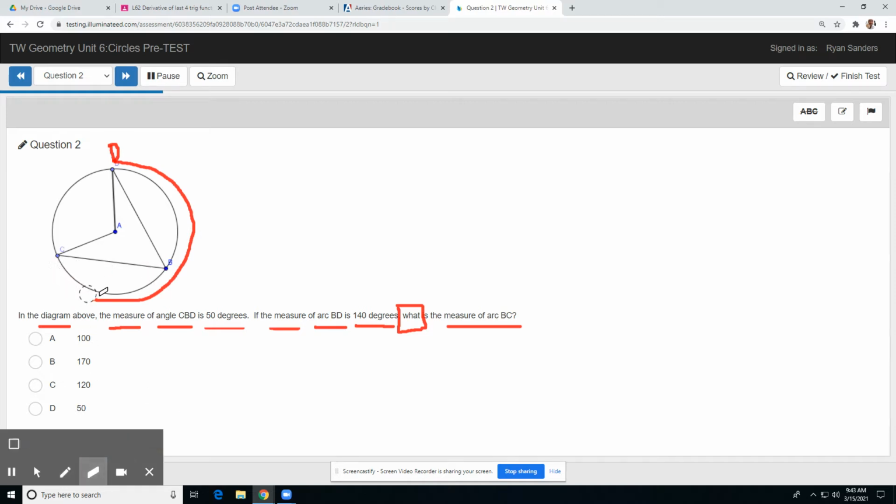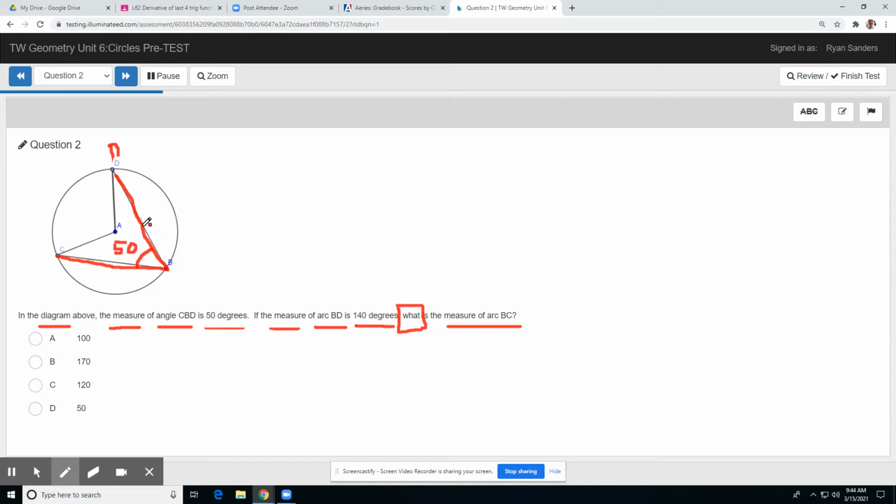We're doing an angle. I knew because it's way too big to be 50. The angle CBD, so what I showed you would be how to do the arc. So they're saying that this angle right here is 50 degrees.